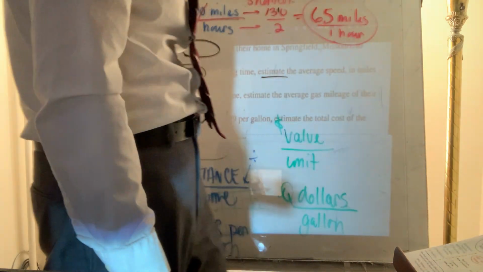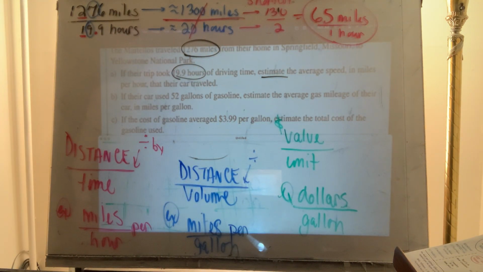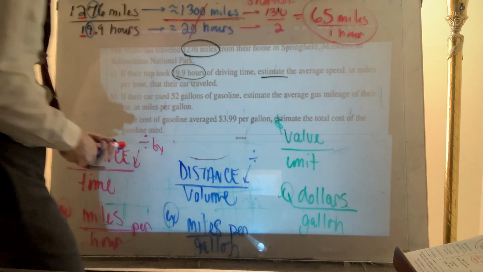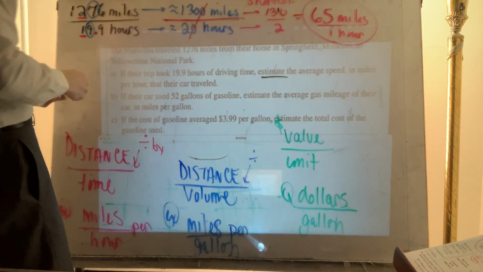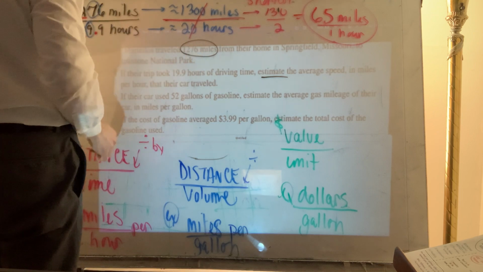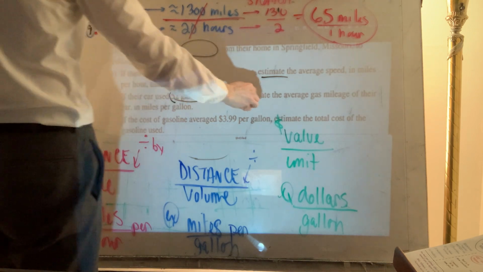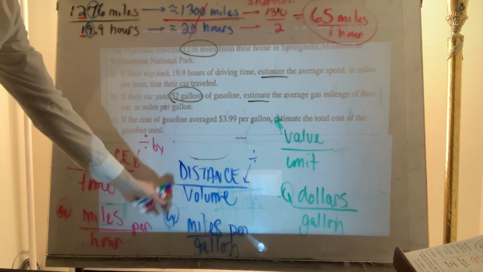Now if you answer B, if their car uses 52 gallons of gasoline in that same distance, that same 1,276 miles, estimate their average gas mileage, using what is in blue here.